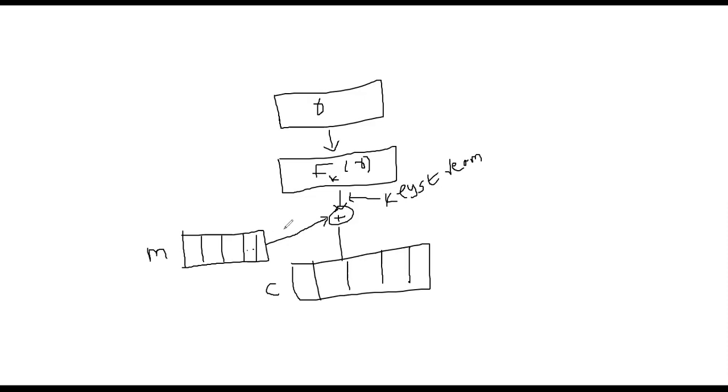Encryption is basically happening here in this box. You encrypt your message with the output produced by the pseudo-random function to get the ciphertext. And now this is the construction for encryption.